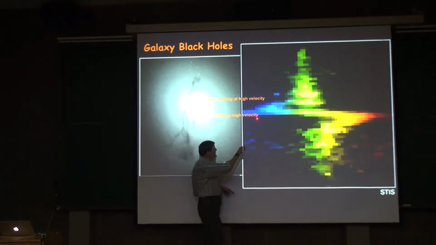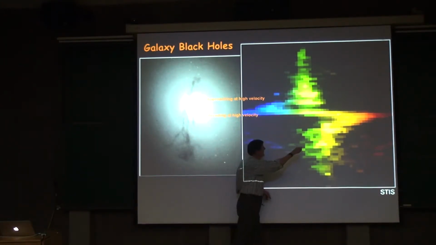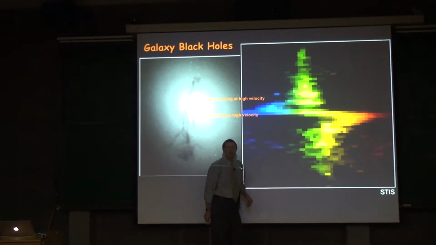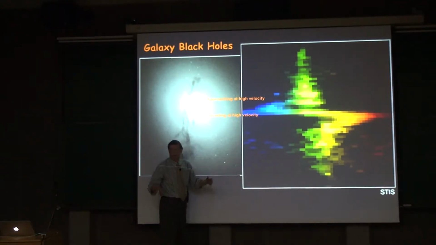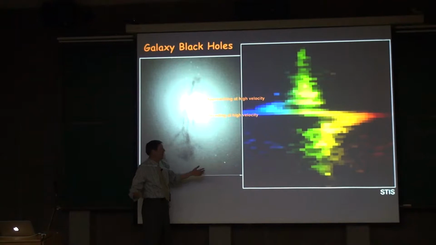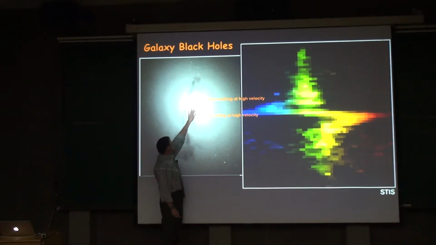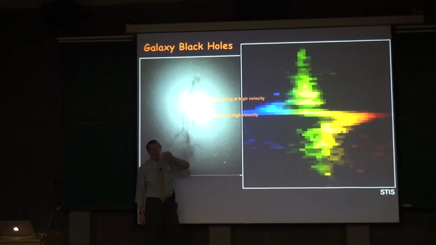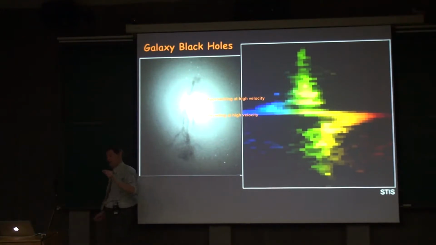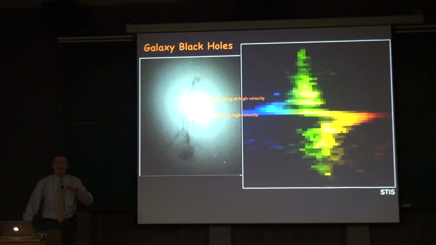Then it goes very blue, thousands of kilometers a second in a very short period of time. So you can determine what mass is required to produce that and what the distance scale is. It turns out that the density is so great that it is greater than nuclear densities, and therefore we infer the existence of black holes.